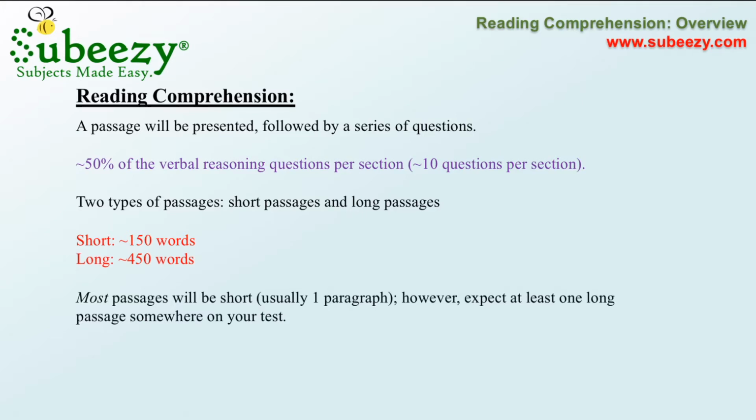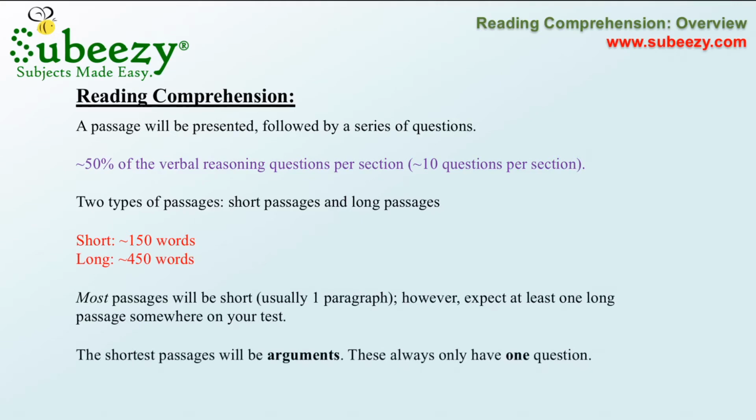However, expect at least one long passage somewhere on your test. The shortest passages will be argument passages. These always only have one question that follows them. We will discuss in more detail the differences between short, long, and argument passages in the next lectures.